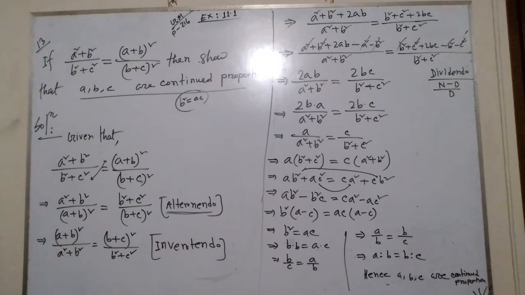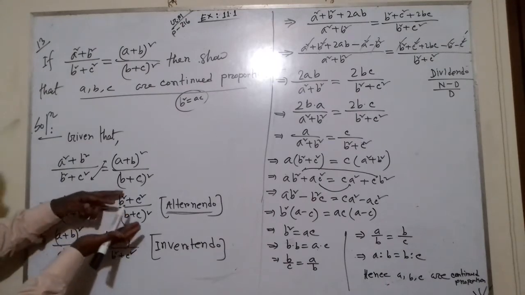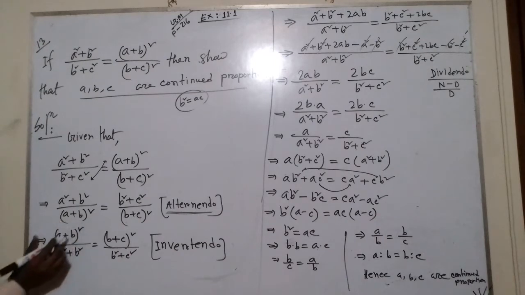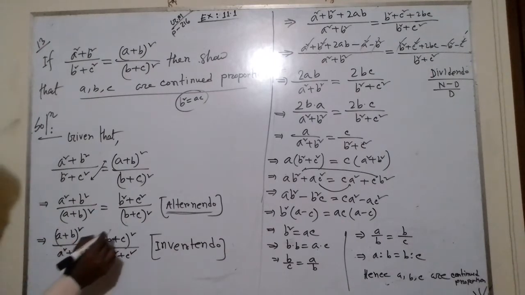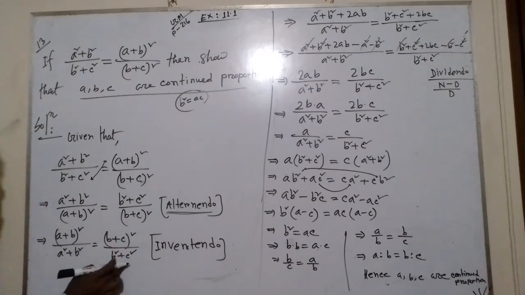Again by invertendo, interchange this ratio and interchange this ratio. So we can write (a plus b) whole square divided by (a square plus b square), and this equal to (b plus c) whole square divided by (b square plus c square).